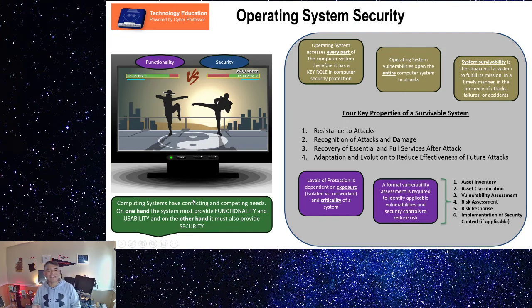Computing systems have conflicting and competing needs. On one hand, developers create new applications, new devices to provide functionality and usability to people in general. And that includes operating system features that are deployed by the major software vendors like Microsoft.